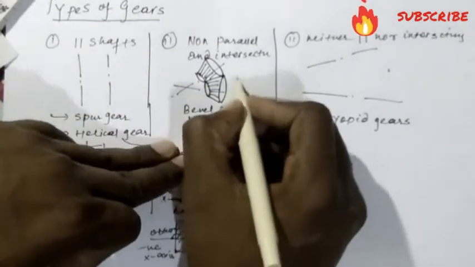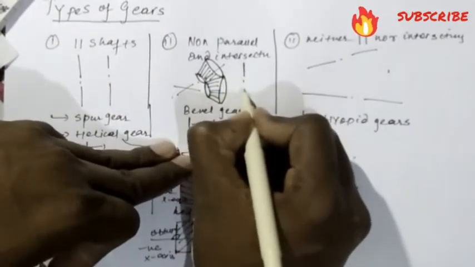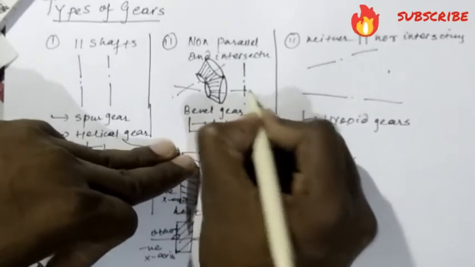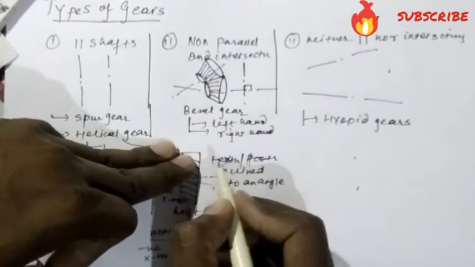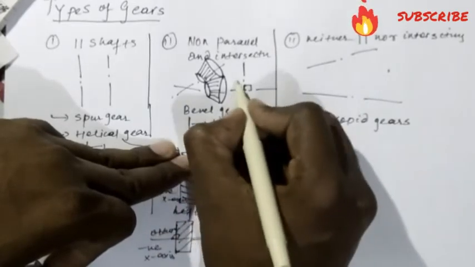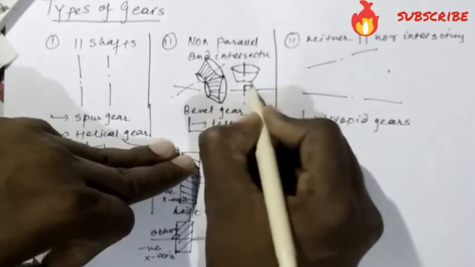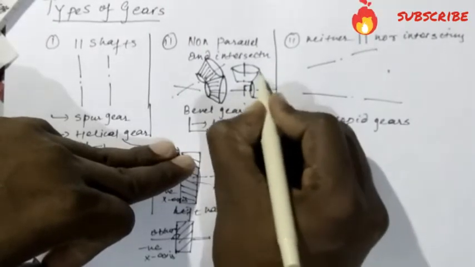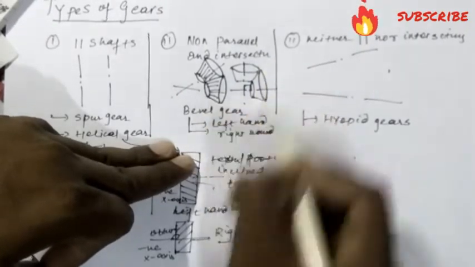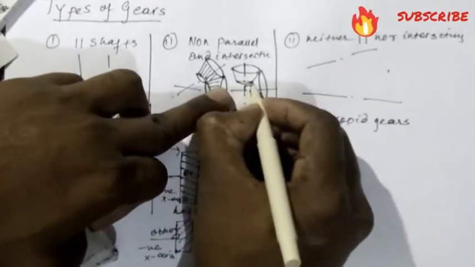Now there is one special case when these shafts are not parallel and they are intersecting in such a way that the axis of the two shafts makes an angle of 90 degrees. So in that case, the bevel gear looks like this.